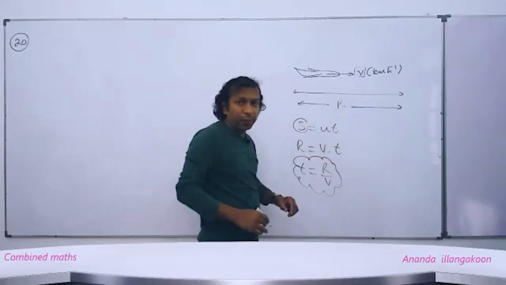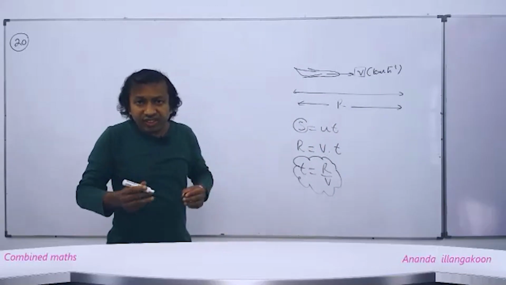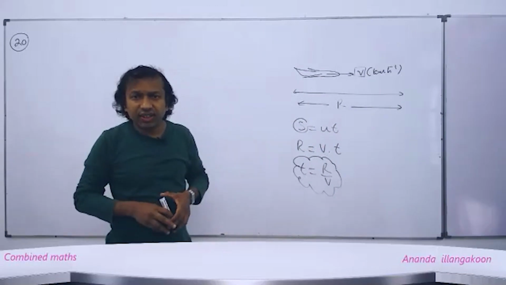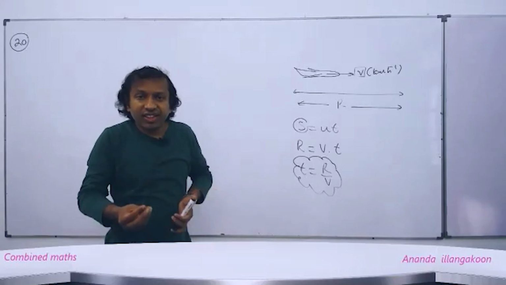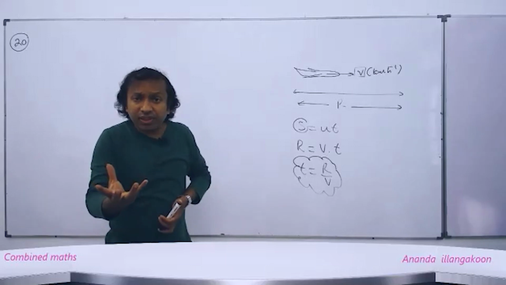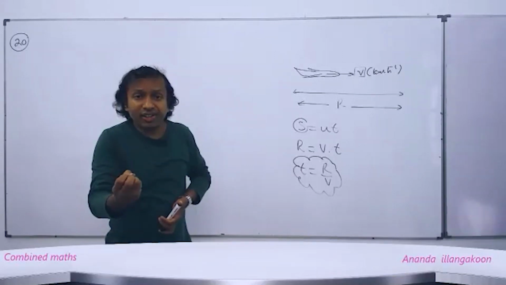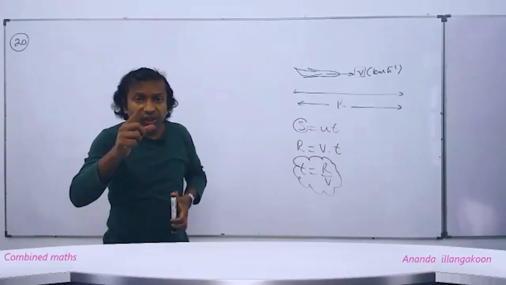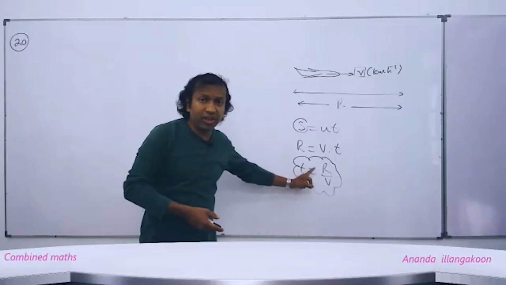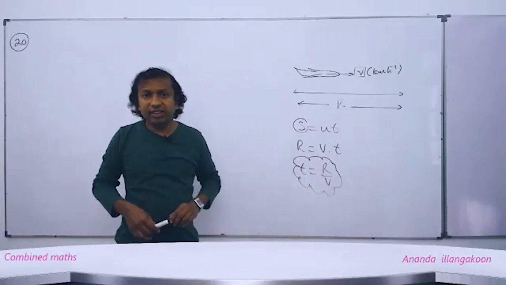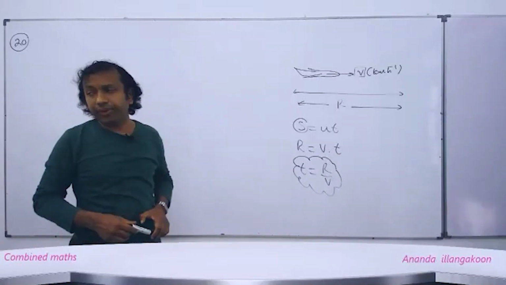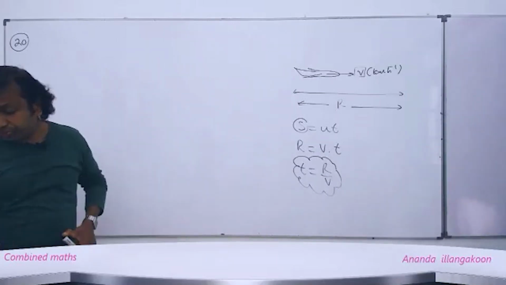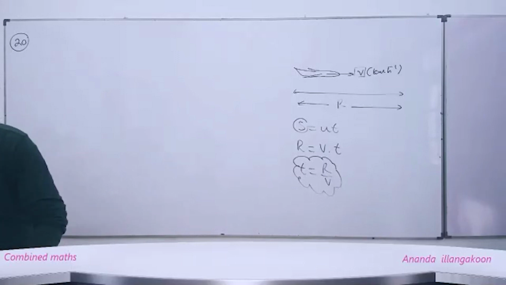So when the engine works to create the velocity v, the available amount of fuel is sufficient only for the time given by R by v. I think you can very easily understand that. Okay, right. So now, what happens next?